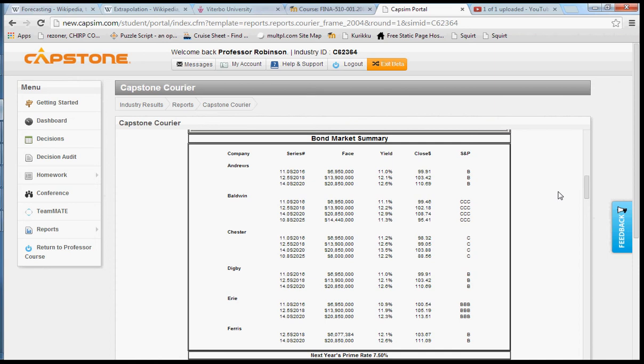And moreover, having a triple C is better than having a double C or a single C. So the highest rated company in this bond market currently is Erie with a triple B, and the lowest would be Chester with a single C. And you can see that having an effect on their bond yield. Chester's bonds with a C rating have a yield as high as 13.5%, while Erie's bonds with a triple B rating have a yield as high as 12.3%.